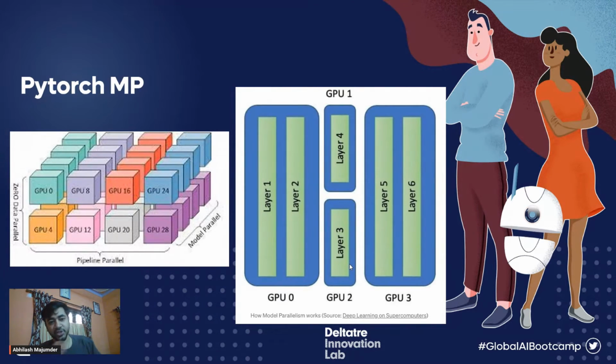So this is what model parallel is, right? We have different kinds of collective algorithms.